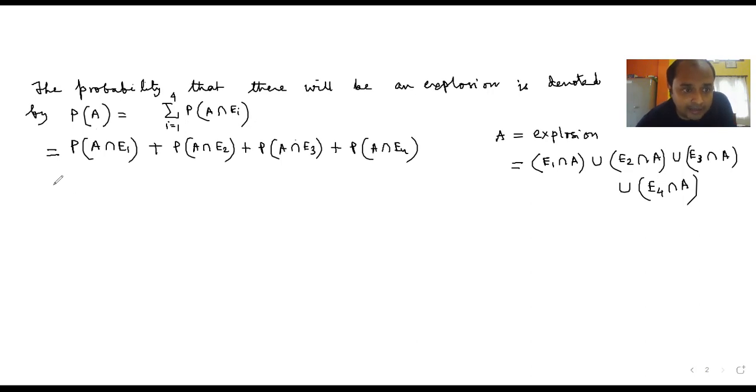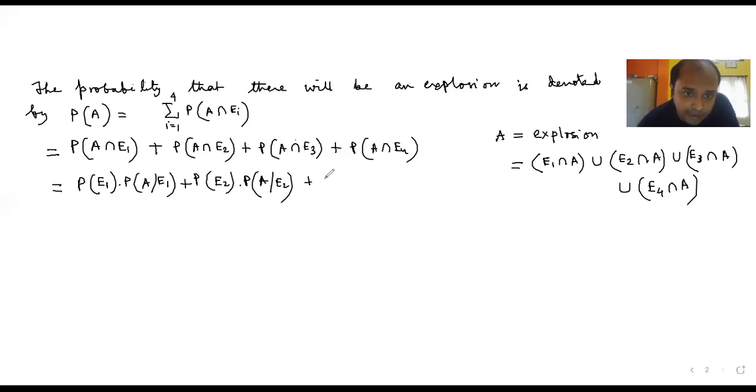Okay, and this can be written as probability of E1 into probability of A given E1 plus probability of E2 into probability of A given E2 plus probability of E3 into probability of A given E3 plus probability of E4 into probability of A given E4.